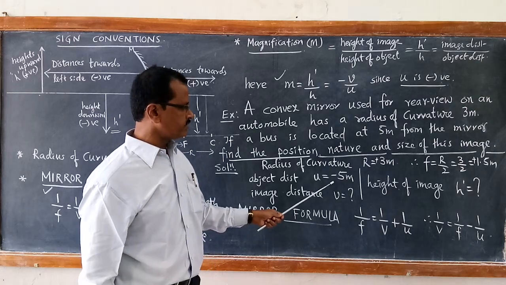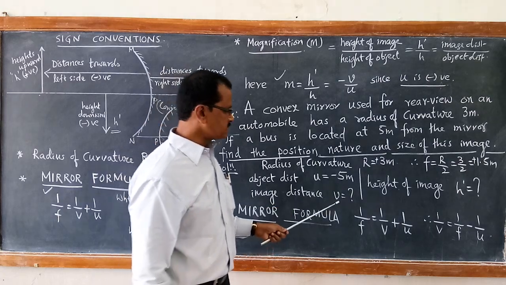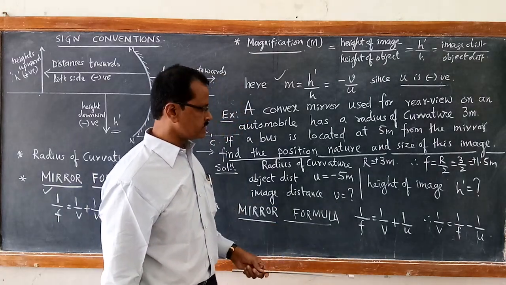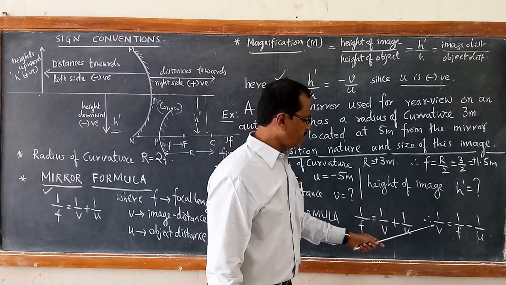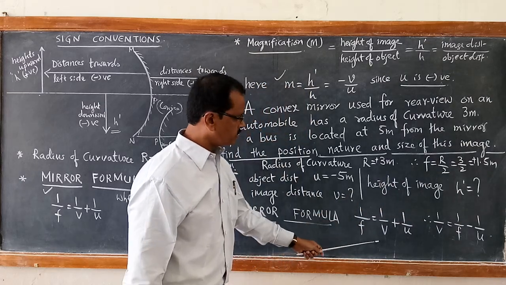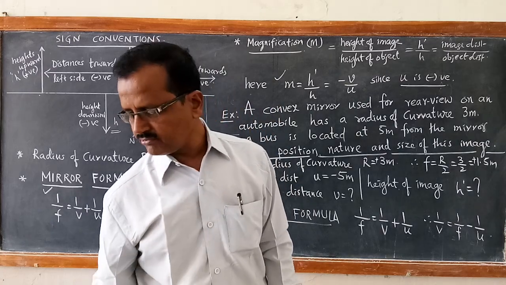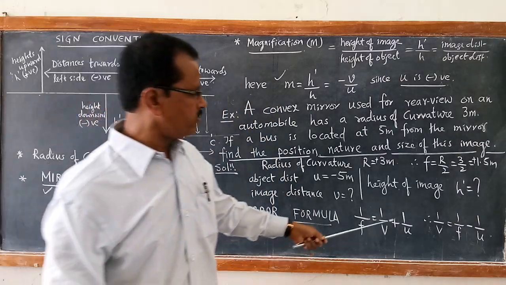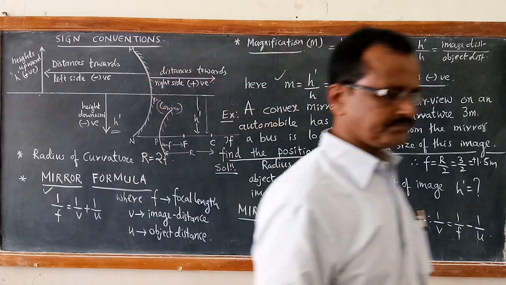So according to sign convention, object distance is always negative, minus 5 meter. What is the value of v? From this equation I can write 1 by v equal to 1 by f minus 1 by u. You have to substitute the values of f and u so that you will be able to get the image distance.